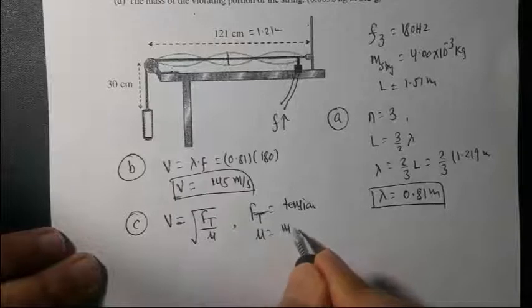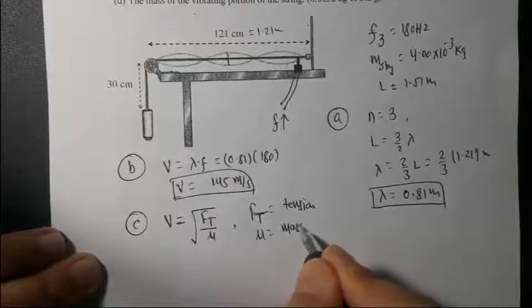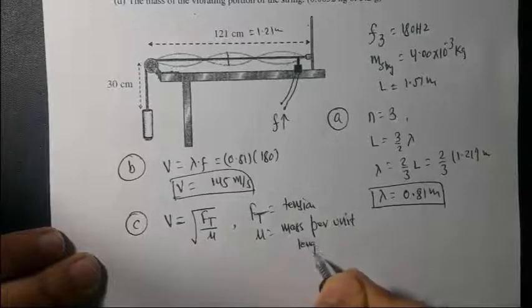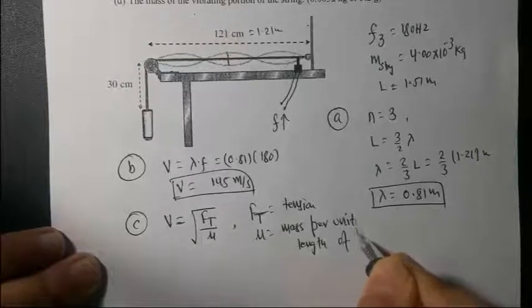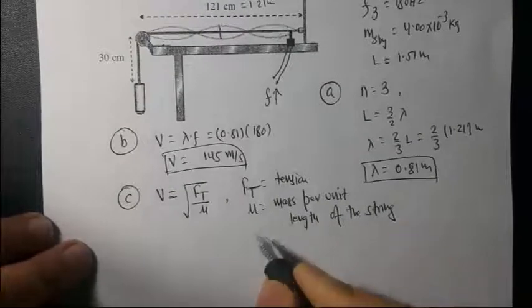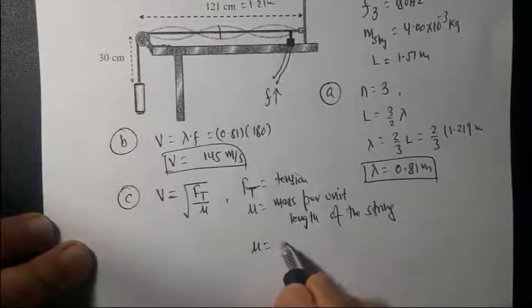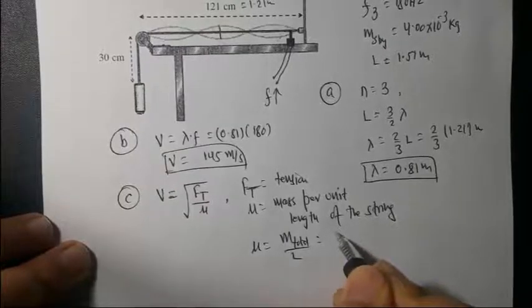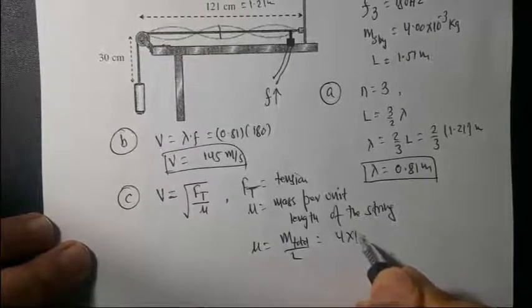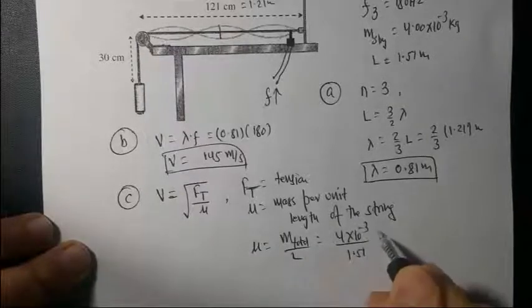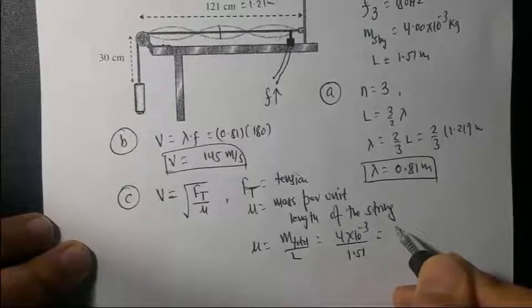Mu is the mass per unit length of the string, m over L. That you can find. So mu is the total mass of the string over the total length. Total mass is given as 4 times 10 to the power -3, it must be in kilogram. Total length is 1.51. So that you can find out.